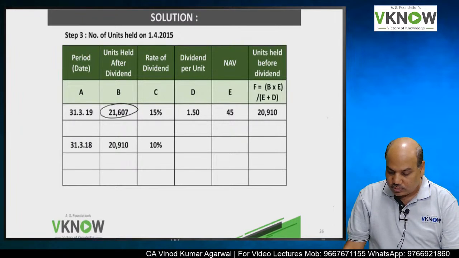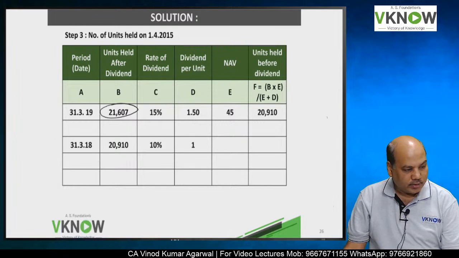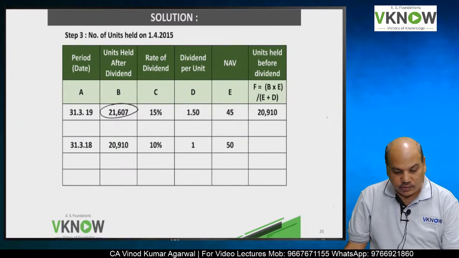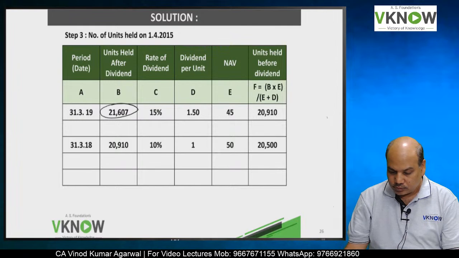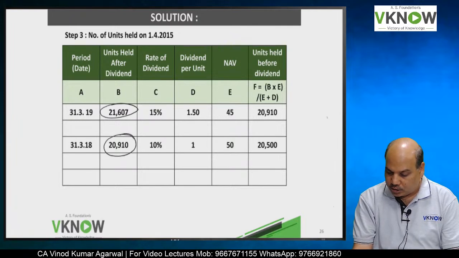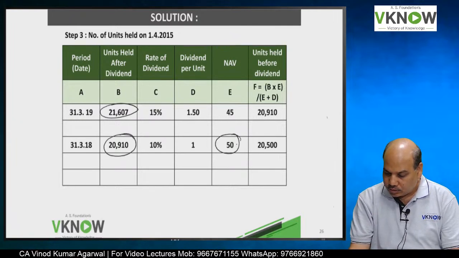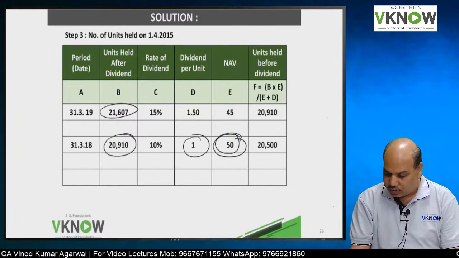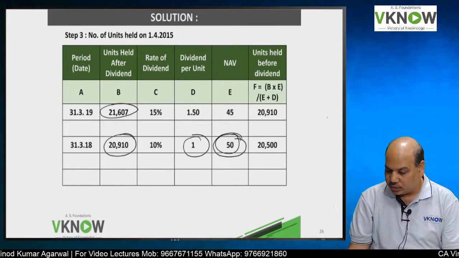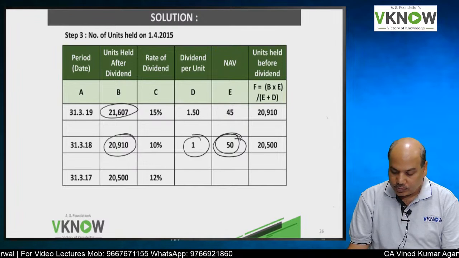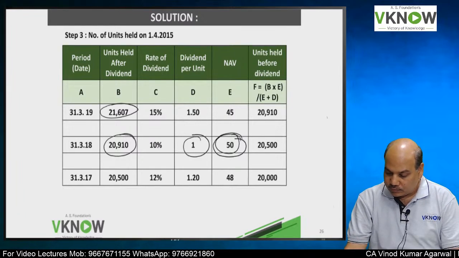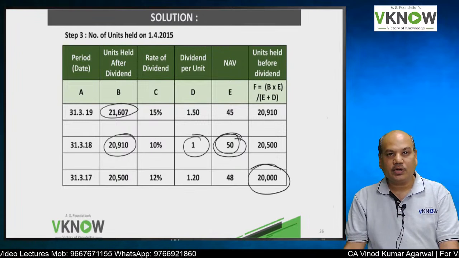Rate is 10%, 1 rupee dividend. NAV is given as 50 rupees. So apply the formula, B into E divided by E plus D. So you'll get 20,500. Next is 31st March 17. Do the same calculation and your answer will be 20,000.